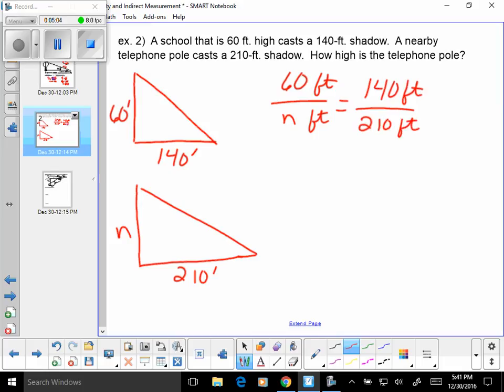You can also use reflexive. You can use 140 over 210 equals 60 over n. You can also flip it and go n over 60 equals 210 over 140. You will end up with the right answer at the end, or the same answer at the end. If it's me, I am going to reduce.